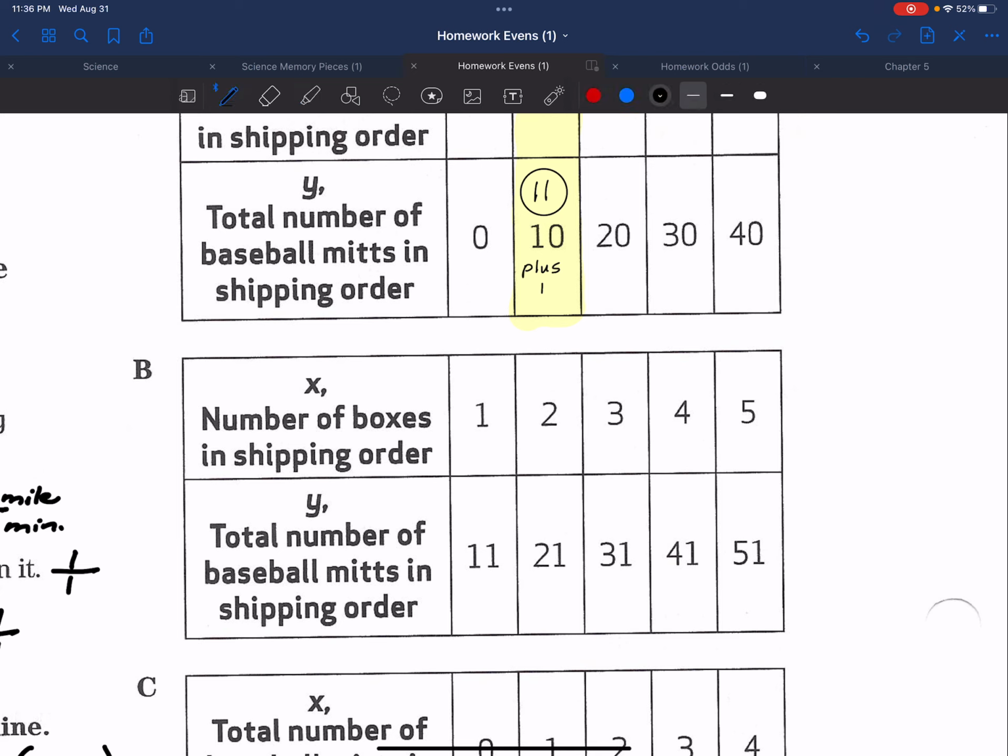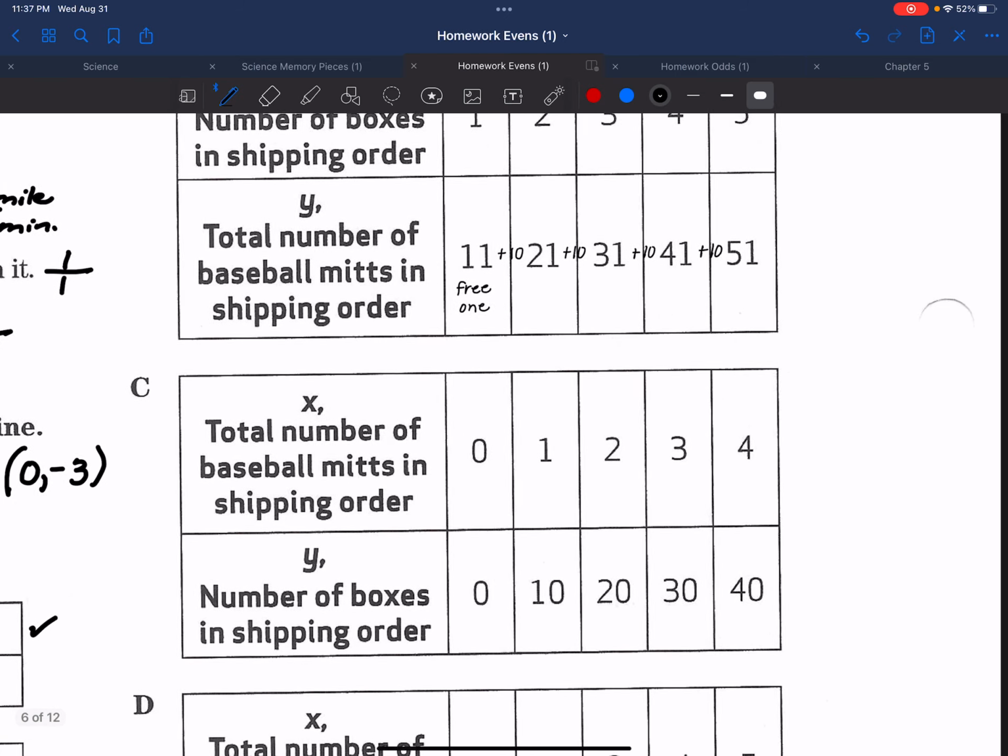That's just a free mitt. So, here's the free one. And then each of these will be adding 10. This has no violations. That is the correct answer. C.